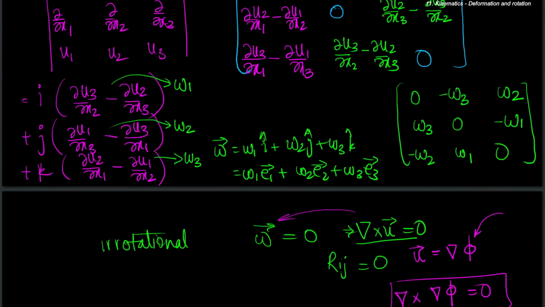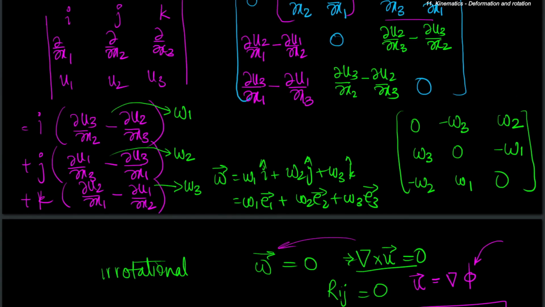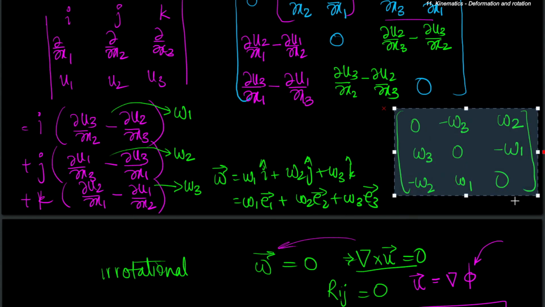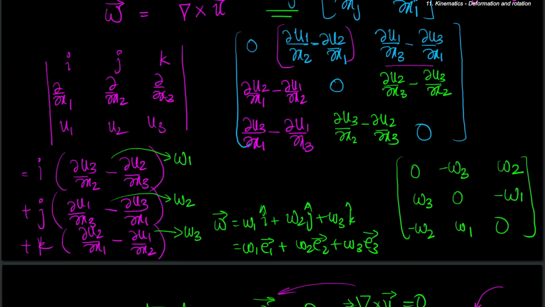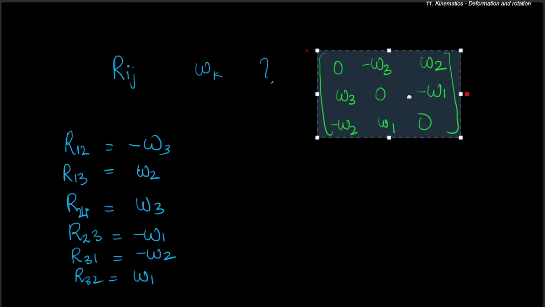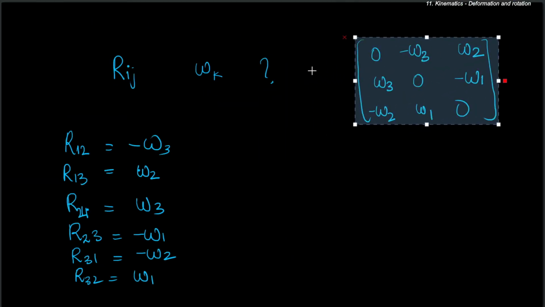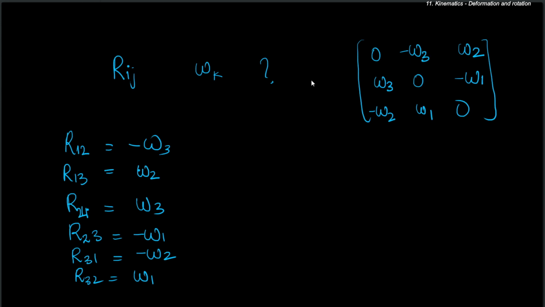And just to refresh everyone's memory, I'm going to copy this over here. So these are the components of the R matrix written in terms of omega. So what is the relationship between Rij and omega?